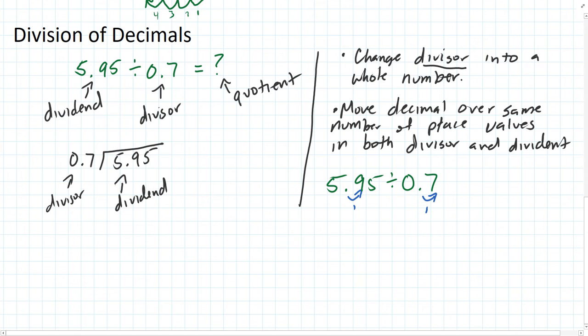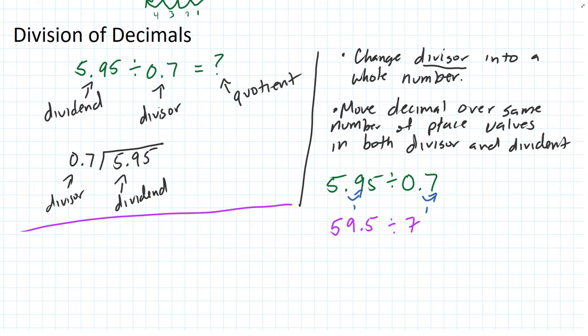So we come up with the new expression that we can work with now: 59 and 5 tenths divided by 7 wholes. Now we can set up the division. Let's use orange. We're going to have 59 and 5 tenths divided by 7.